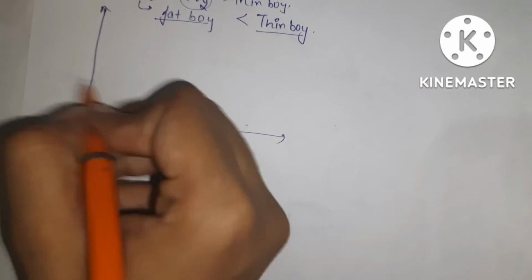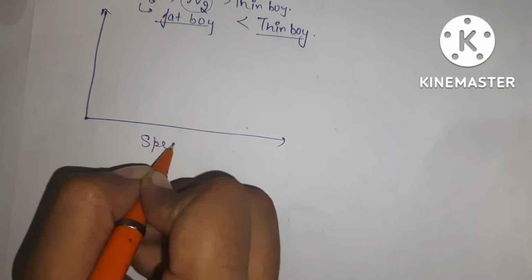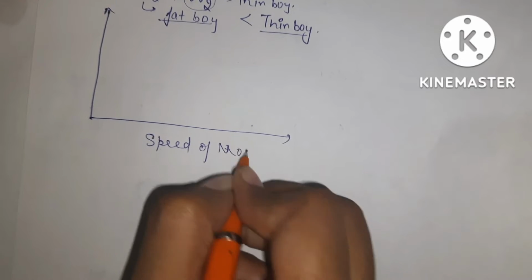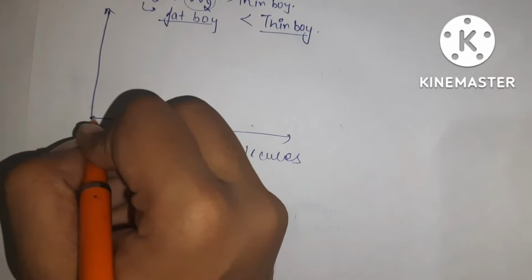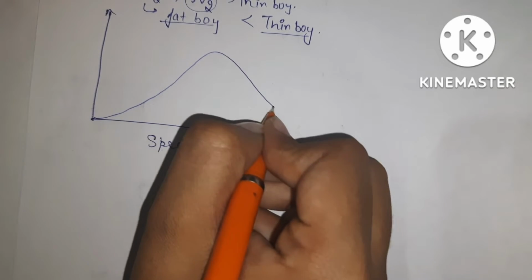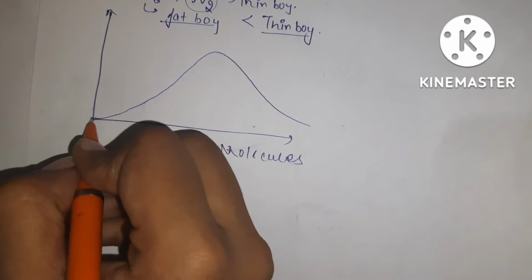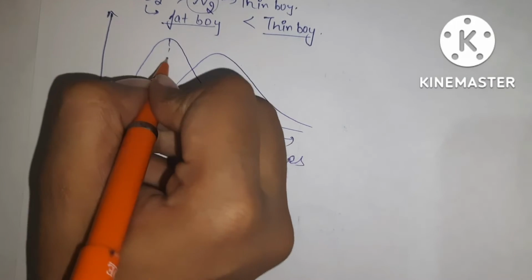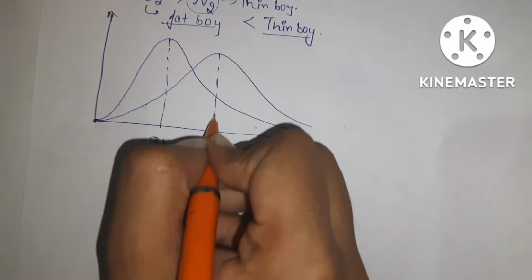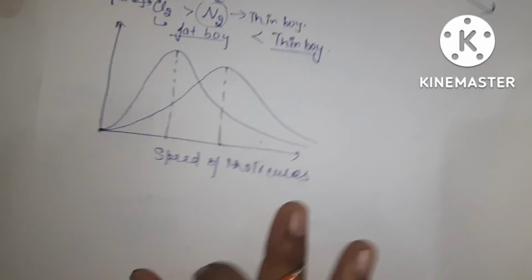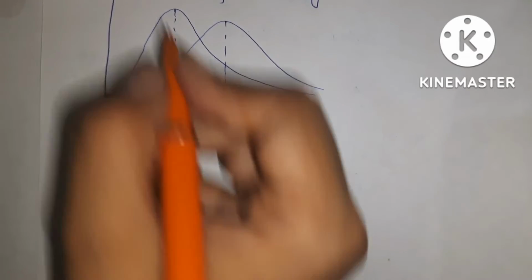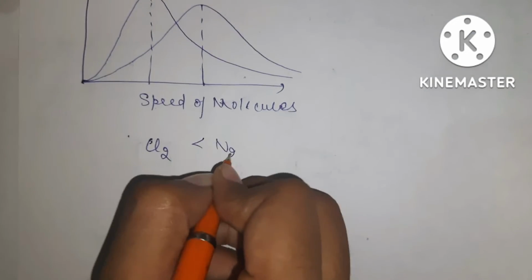So if I plot this, the speed of the nitrogen molecules should be more, so it is going to look like this. From the most probable speed of chlorine and the most probable speed of nitrogen, we can say that chlorine will move more slowly than nitrogen.